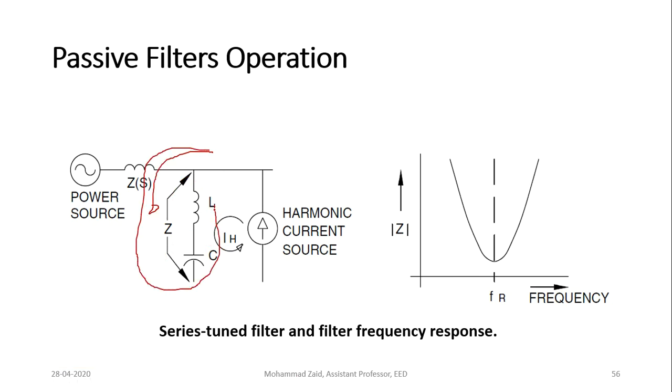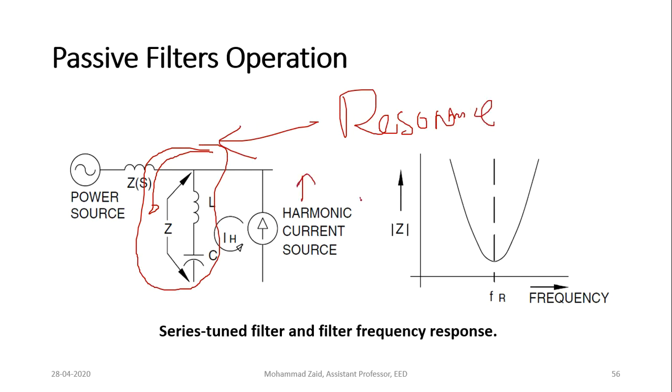So if this branch in the system, which is shown here, comes into resonance for that particular frequency which has to be eliminated.